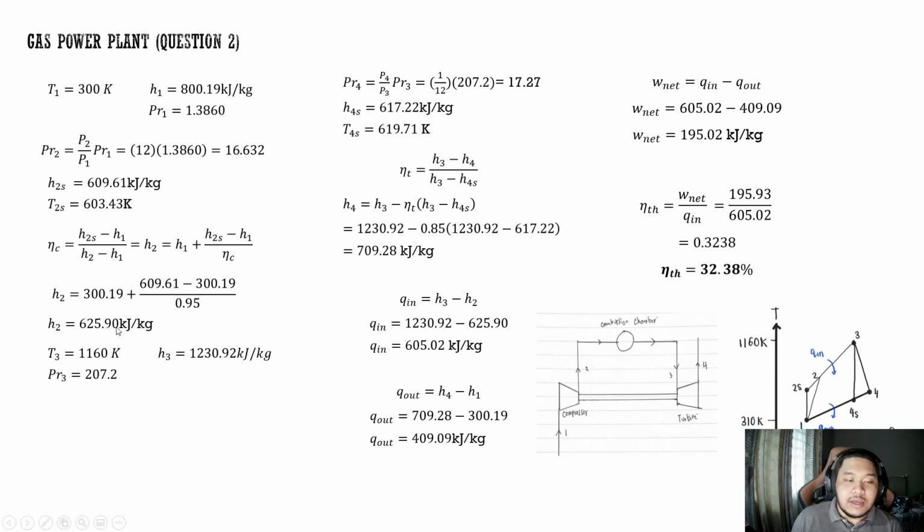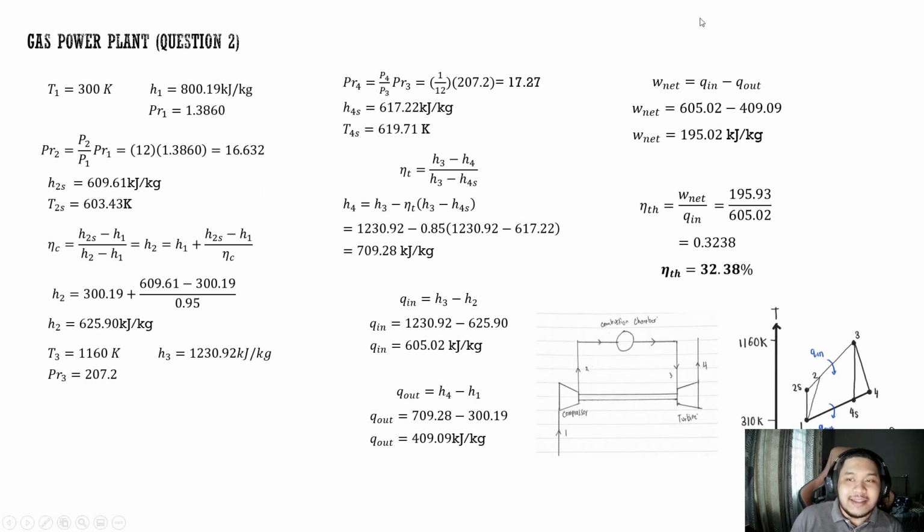Then we proceed to state 3 using the temperature of 1160 Kelvin. By referring to the table, we can get the enthalpy and relative pressure at state 3. We calculate the relative pressure at state 4 using the same formula, but with the pressure at state 4 over the pressure at state 3 times the relative pressure at state 3.